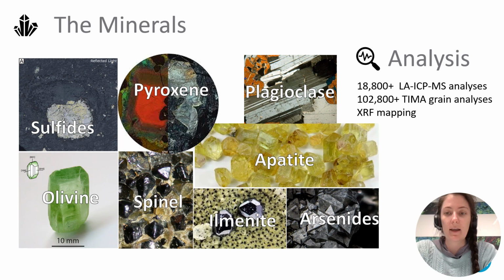We also looked at XRF mapping to look at zoning of elements throughout mineral grains as well. So in the end, we ended up with over 100,000 individual EDS major element spectra for these minerals, and over 18,000 laser ablation ICP-MS analyses for these minerals as well.